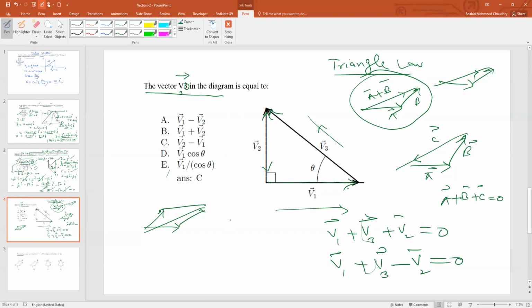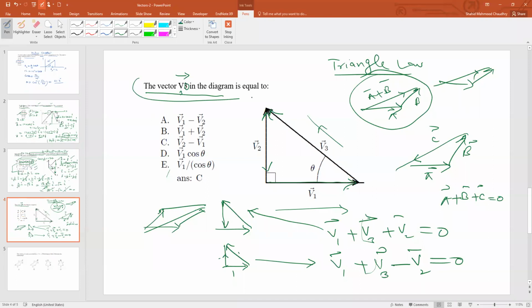Understand? Because we are going in this way, then this way, and if we go like this way, then we will write this equation. But here we are going this way and this way. We will write this equation, V1, V3, and minus V2, opposite. So when you solve this one, the answer will be what? We need V3 actually.